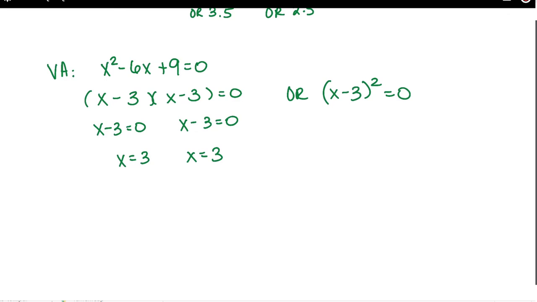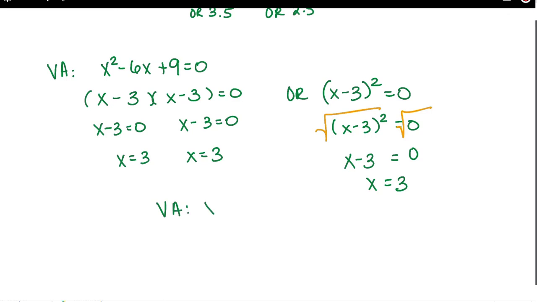If you do it the way I have it written on the right, you take the square root of both sides, and you end up with x minus 3 on the left, and on the right you get plus or minus 0, which is just 0, and you add 3 on both sides and you get 3. So either way, you get a vertical asymptote at x equals 3.